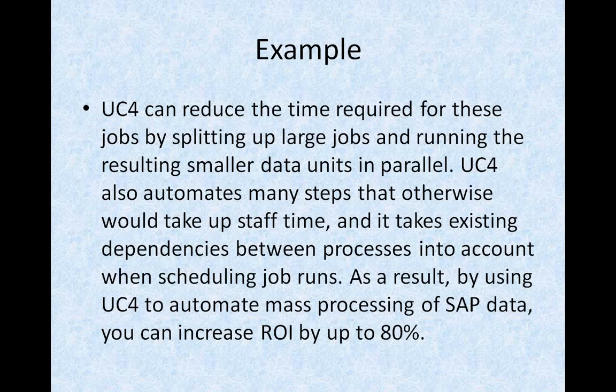UC4 also automates many steps that would otherwise take up staff time, and takes existing dependencies between processes into account when scheduling job runs. Suppose you already have a job plan built into your job application platform, and at the same time, probably in the same system, you are trying to run some other job.